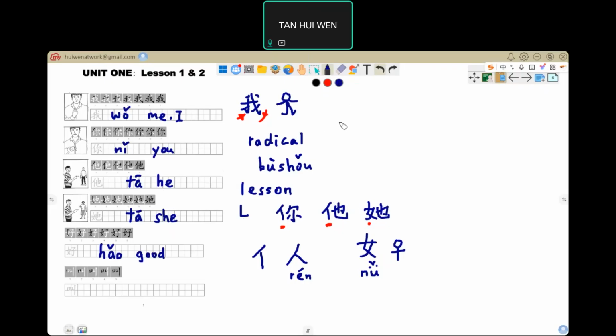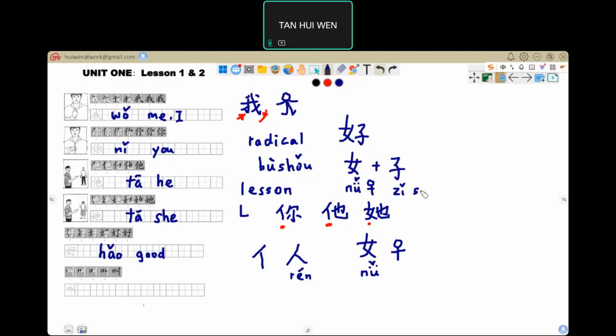All right, 好, we have two parts. The girl needs to change its shape when it becomes another word, plus 子, son. This is 女, this is 子. 女 is a female, 子 is a son.